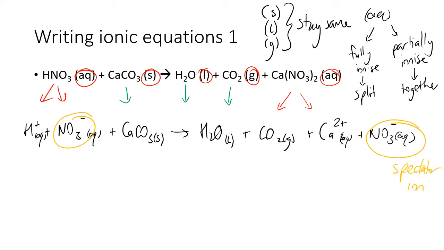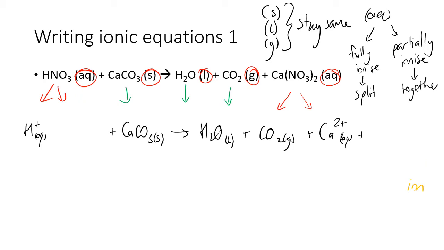A spectator ion just spectates, it doesn't do anything. So you get rid of it, a little bit plus as well, and you get rid of this one. You now don't need it. It's a spectator ion. And therefore, that's the final equation that we have.